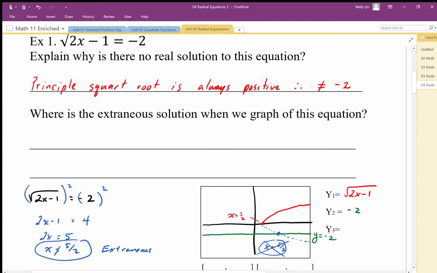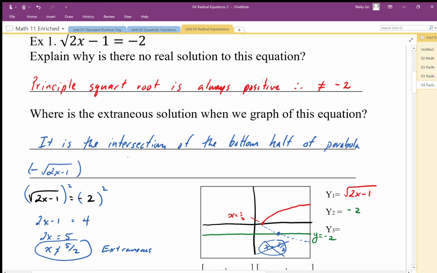This dotted line is not part of the original equation. So the extraneous solution shows up on the graph as the intersection of the bottom half of the parabola, and I'll put in brackets here, this would be the negative square root of 2x minus 1, with the line y equals negative 2.